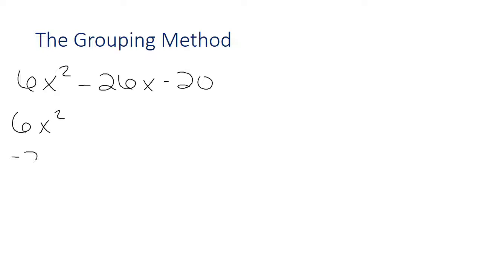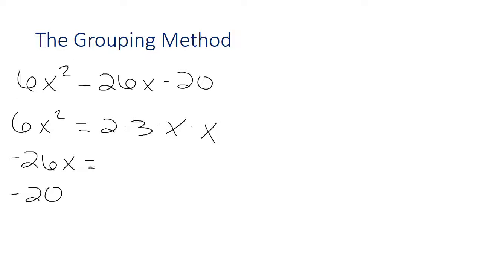The following is known as the grouping method. Let's start with the expression 6x squared minus 26x minus 20. Based on the previous example, we will first find the greatest common factor between 6x squared, negative 26x, and negative 20. The factors for the first term are 2 times 3 times x times x.